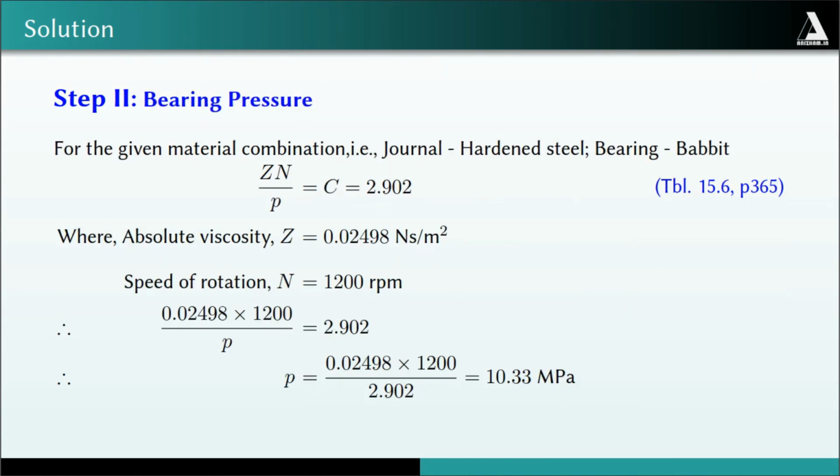In the next step, we determine the bearing pressure. For the given material combination, journal of hardened steel and bearing of Babbitt material, the term ZN divided by P, where N is the capital N, the speed in RPM, is also denoted as capital C, that is 2.902. This is obtained from table 15.6 on page number 365.